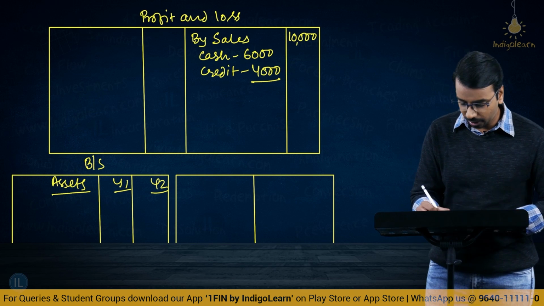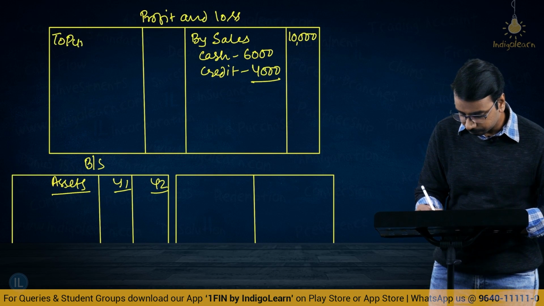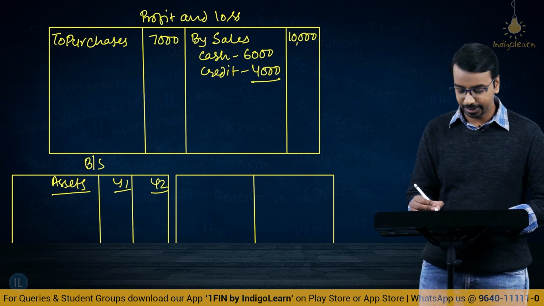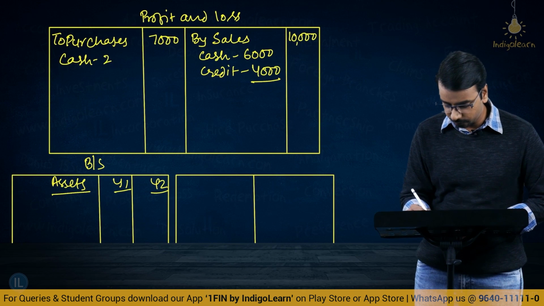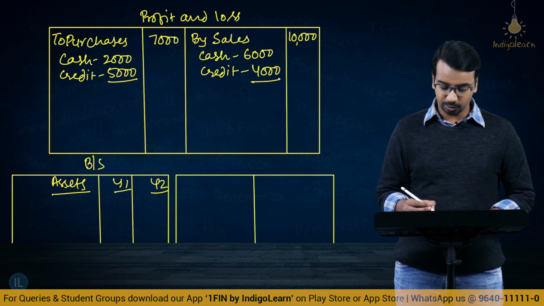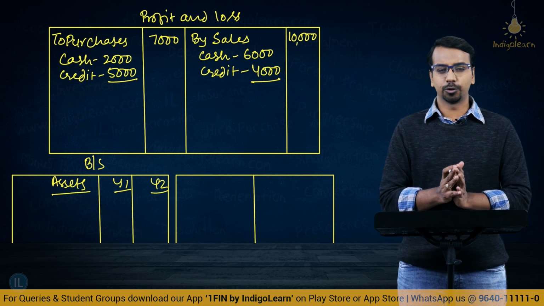On the purchases you have purchases of 7,000, right? You have cash purchases of 2,000 and credit purchases of say balance 5,000. That makes it 7,000. This is the information given to you.